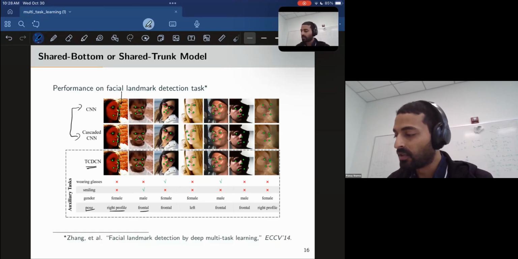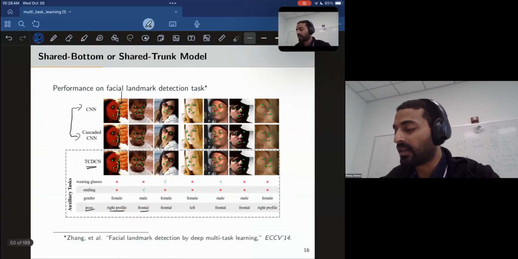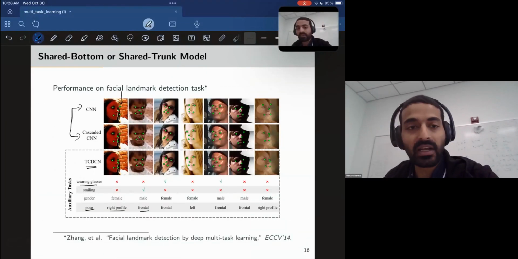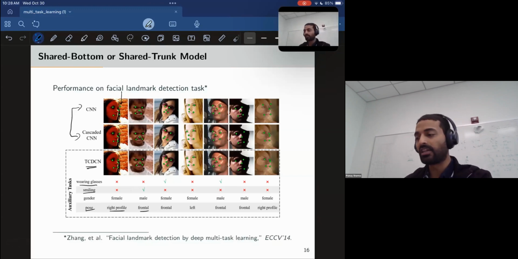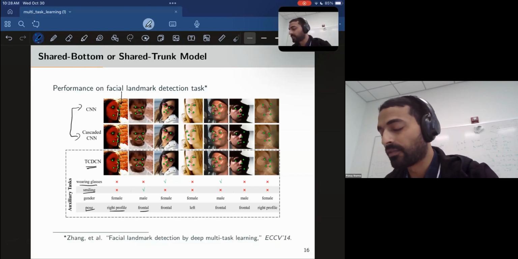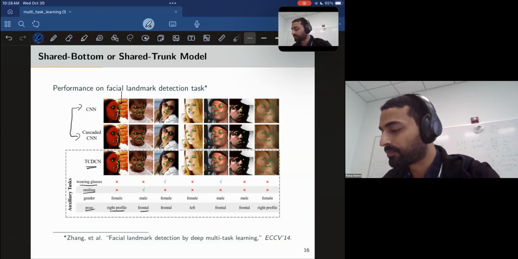And then the other thing was facial attribute inference. Facial attributes might include, is the person wearing glasses in the image? Is the person smiling? And so on. So when you train your model to do all these tasks simultaneously, it ends up doing as well or better than if you were just learning for a single task.